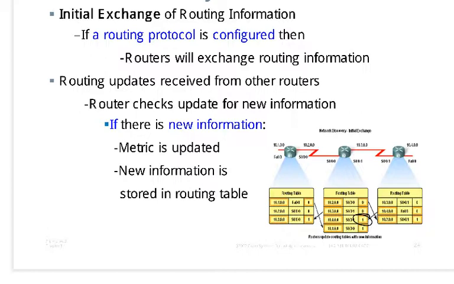Why? Because this indicates that if I want to reach this network, I have to go through this router, which is one hop away. So when I receive the route update, remember that I have to increment the metric here. This has to be done. Okay? So the metric is updated and the new information is stored in the routing table. So I have to do both.